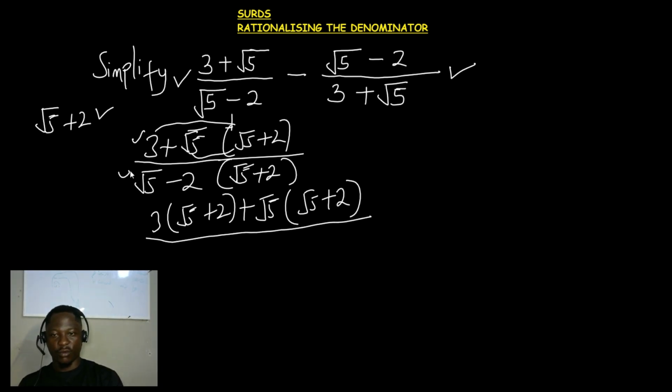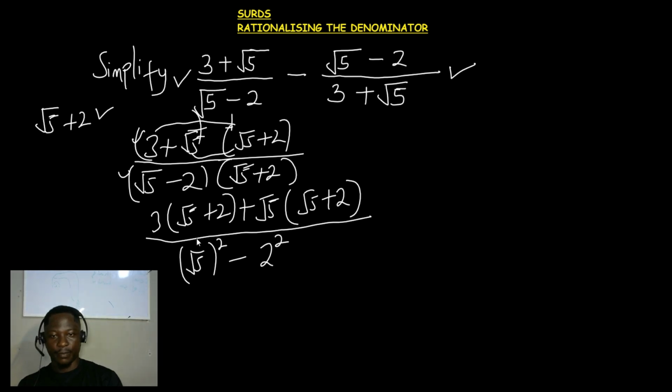But if you observe, the denominator is a difference of two squares, so we can express it as square root of 5 all squared minus 2 squared.